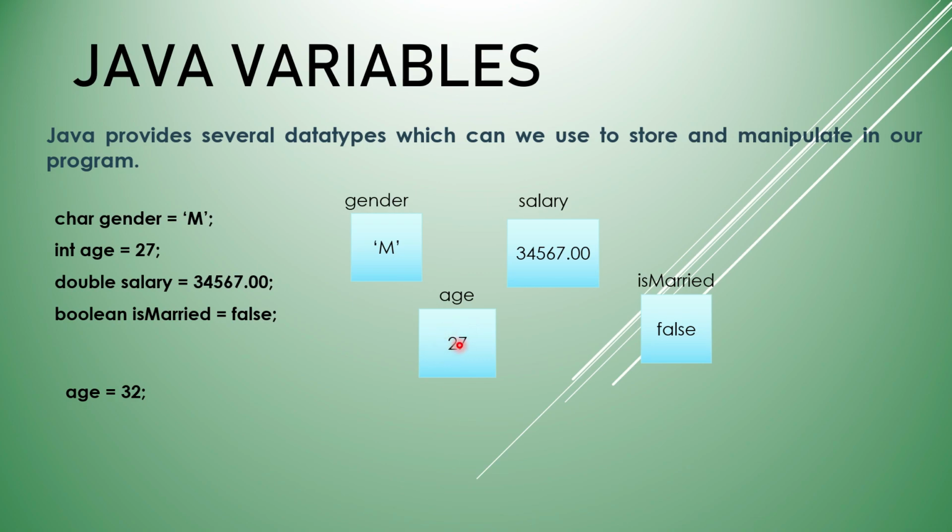So what will actually happen? The previous value, which is already there, will be replaced by the new value, because a variable can store only one value at a time, and now the new value will be assigned here. So now in place of 27, you will get 32 here. So the new value for this variable will be 32.